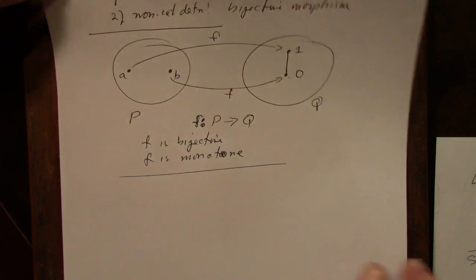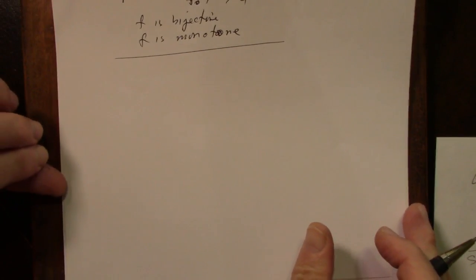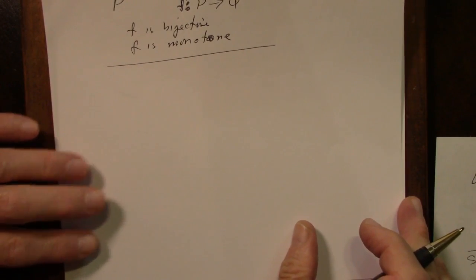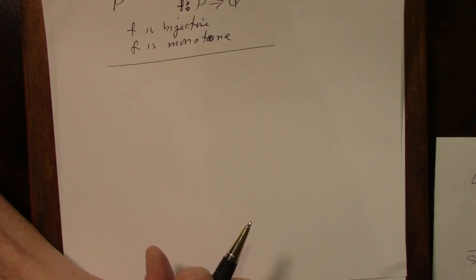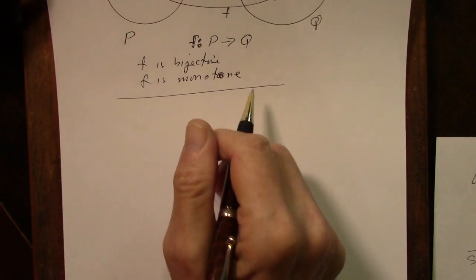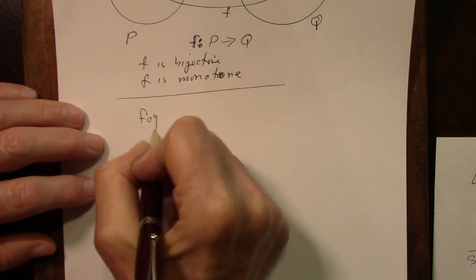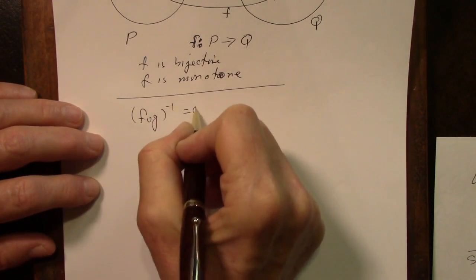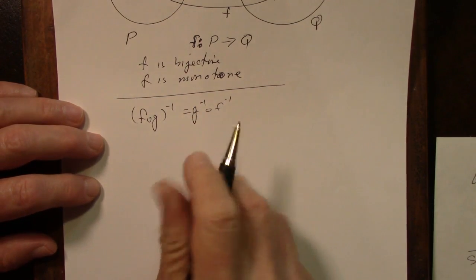You can prove the usual kinds of stuff. For example, when two-sided inverses exist, they are unique. And if a morphism has both a left and a right inverse, then those two inverses have to be equal and are a two-sided inverse. And the usual formula for the inverse of a composition when it's defined.